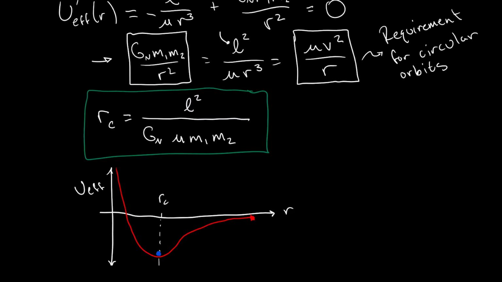It's happy sitting at the bottom of the hill. And so that tells us that R will never change, but that's just saying the same thing as that the stars will be in a circular orbit.